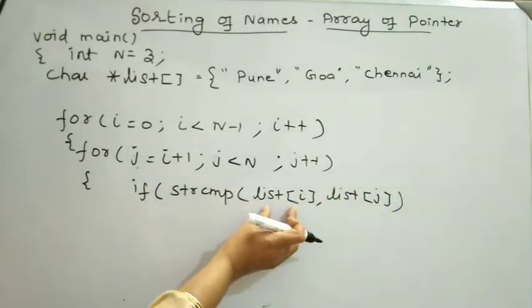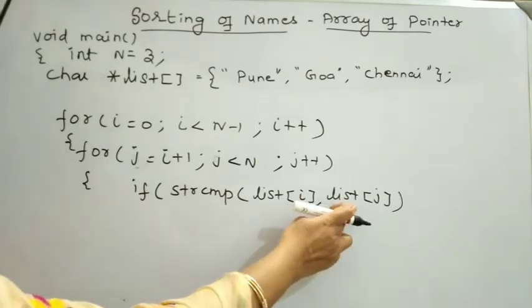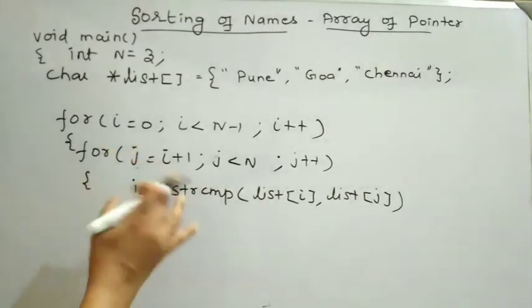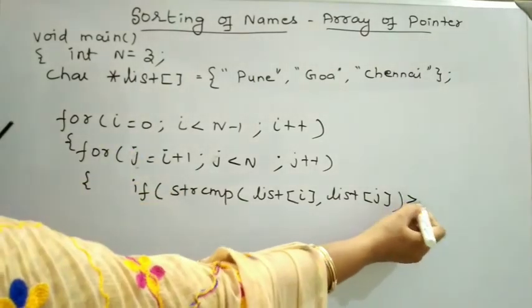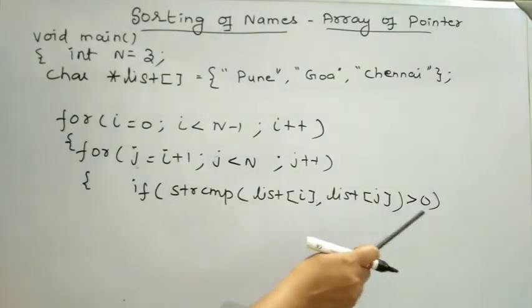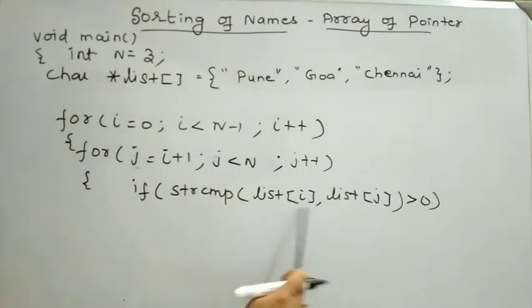They are base addresses. It fetches the string value at the base address i and the string value at the base address j. When do I need to swap the values? When the value returned is greater than 0, a positive value, since it compares the string values character by character.